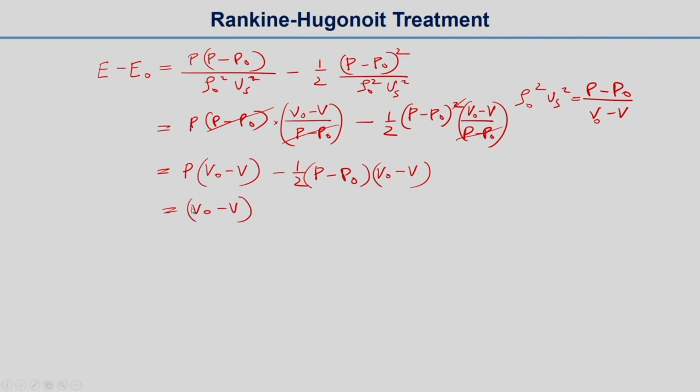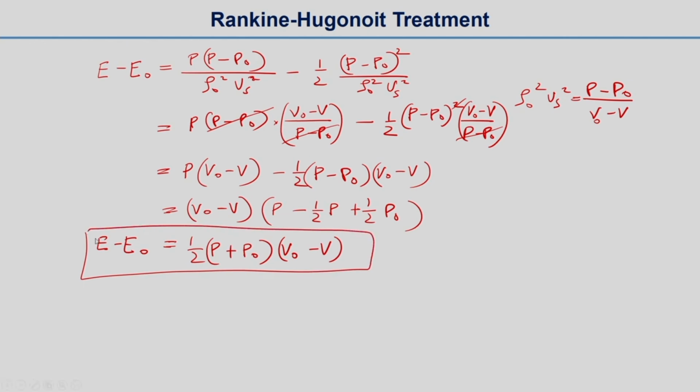If we take V naught minus V out as a common factor, we get P minus half of P plus half of P naught, which will be equal to half of (P plus P naught)(V naught minus V). So E minus E naught equals half of (P plus P naught)(V naught minus V). This is the more common form of the energy equation.